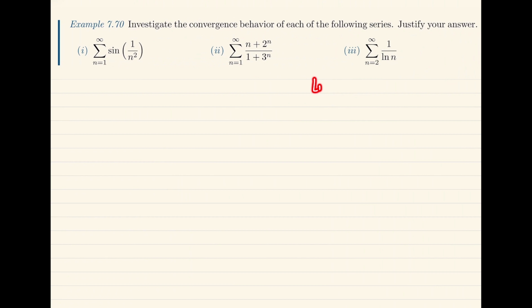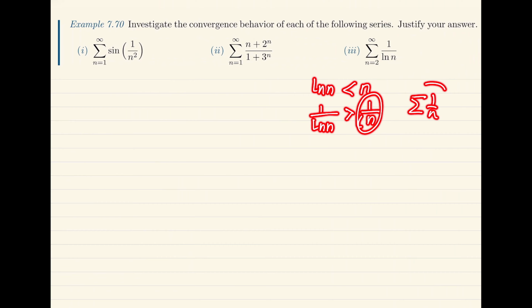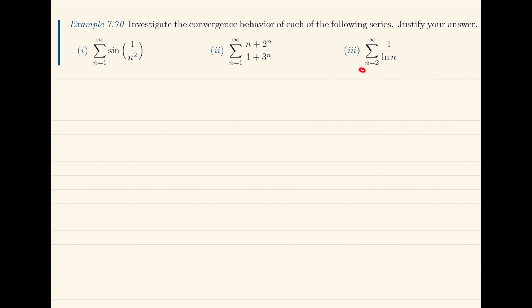So this means that ln of n should be less than n. And that's good enough, because in that case 1 over ln of n becomes greater than 1 over n, and sigma 1 over n is the most famous divergent series. This is the harmonic series. And of course this is divergent, and this one is bigger than a divergent series, so you can immediately conclude that this series is divergent.